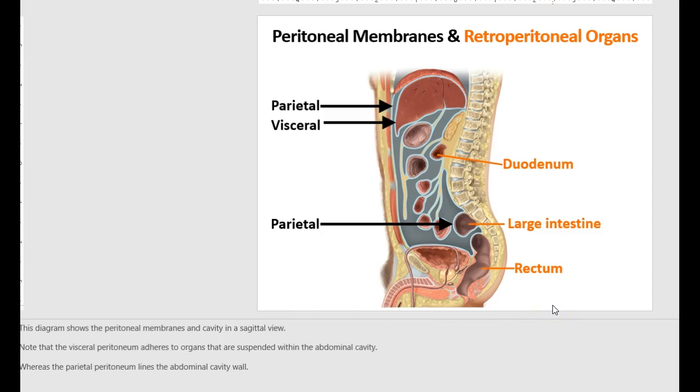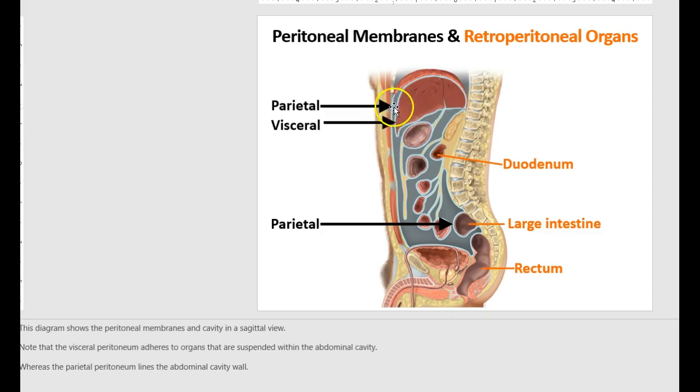This diagram shows the abdominal pelvic cavity and the membranes that are associated with it. The peritoneal membranes are shown in light blue in this sagittal view of the body.